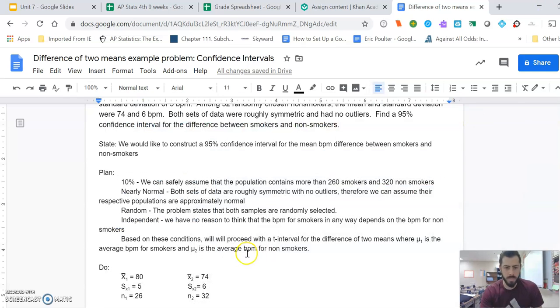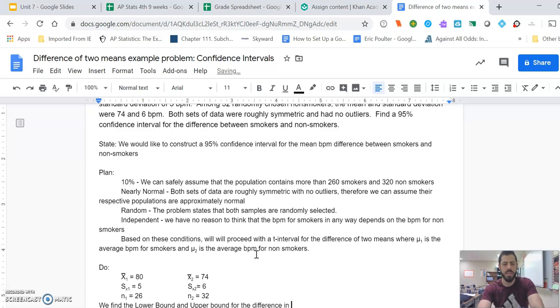So we find the lower bound and upper bound for the difference in beats per minute.